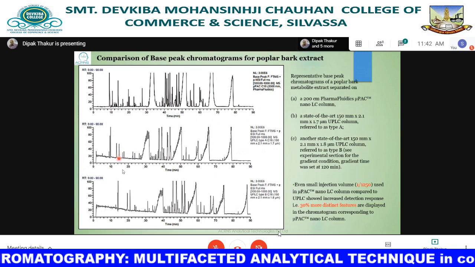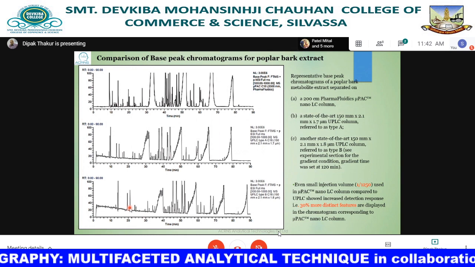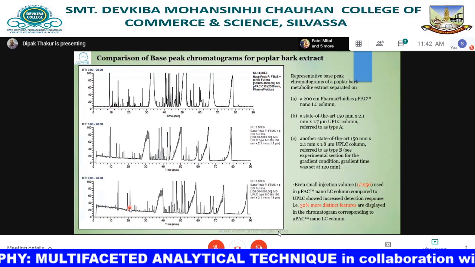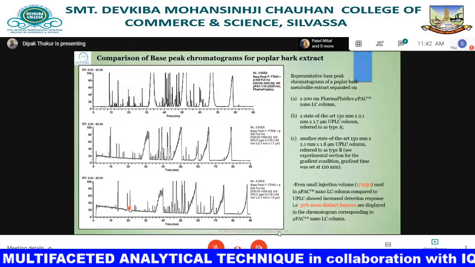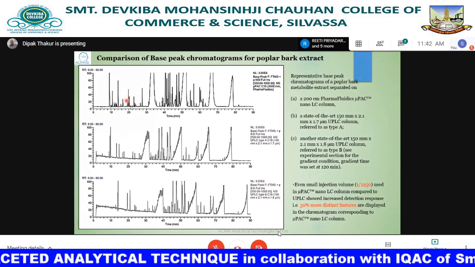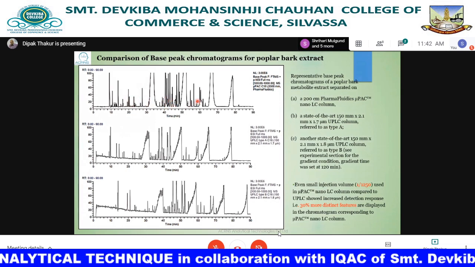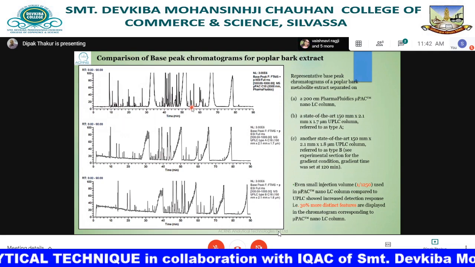These are eluting here, in another column they are eluting here. So there is no consistency in nano columns packed with beads. But when you look at the micropack column, see the number of peaks you are seeing. There are additional peaks.